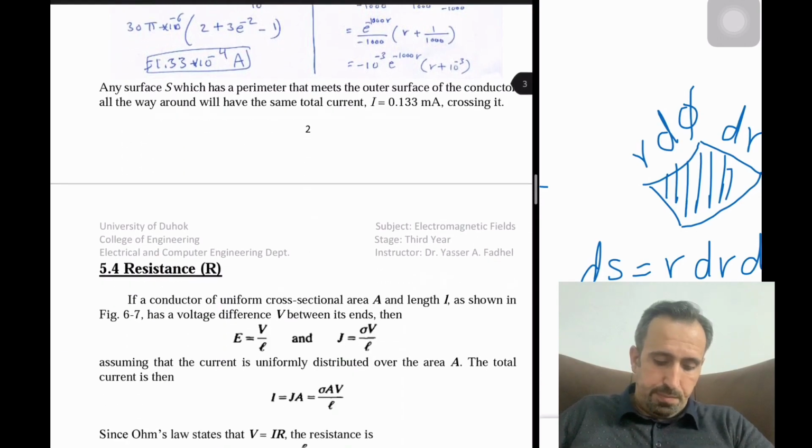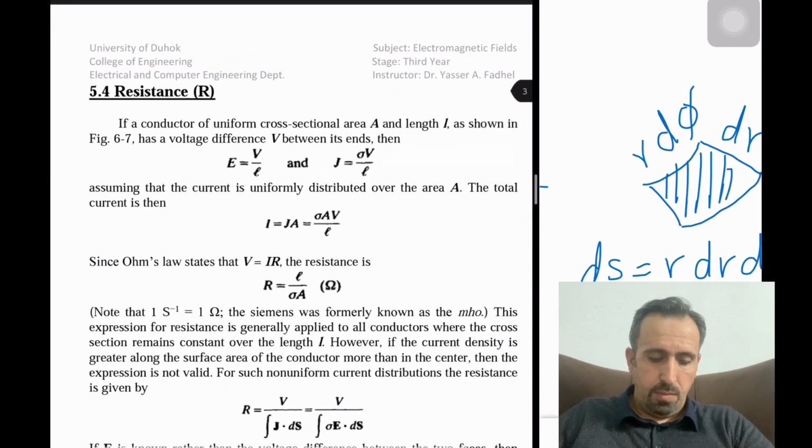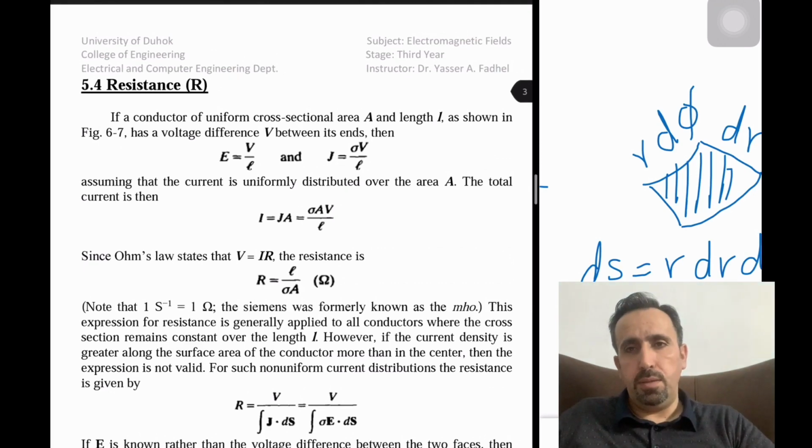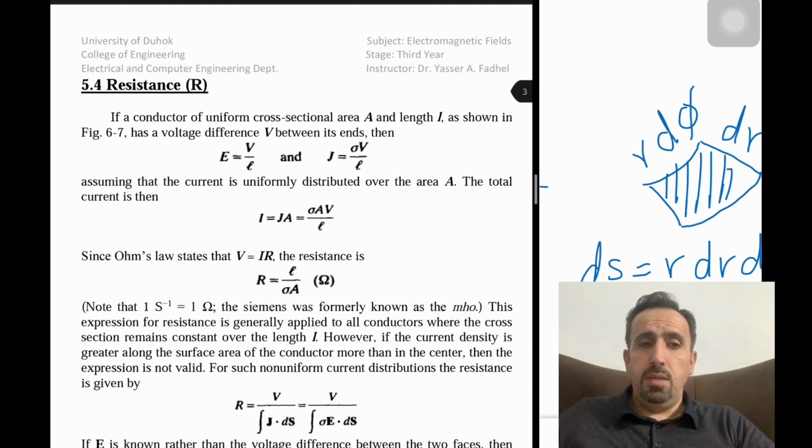Having talked about current, and previously in the previous chapter about potential difference and voltage, all the elements are now ready to talk about resistance, because Ohm's law combines these three terms: current, voltage, and resistance.